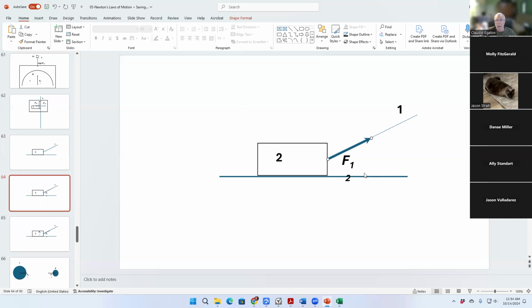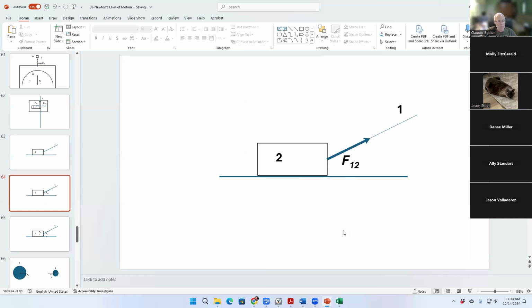Okay, here you go. That's how I illustrate the force that a string is applying to the block.